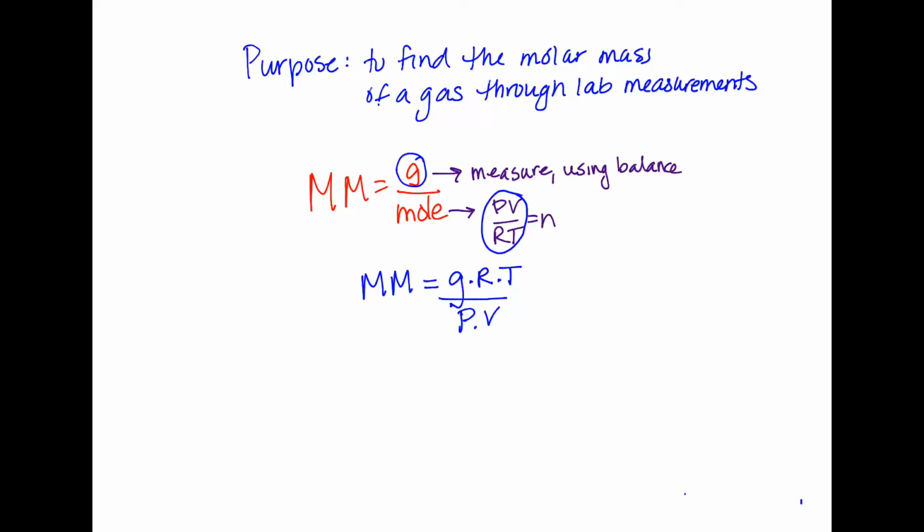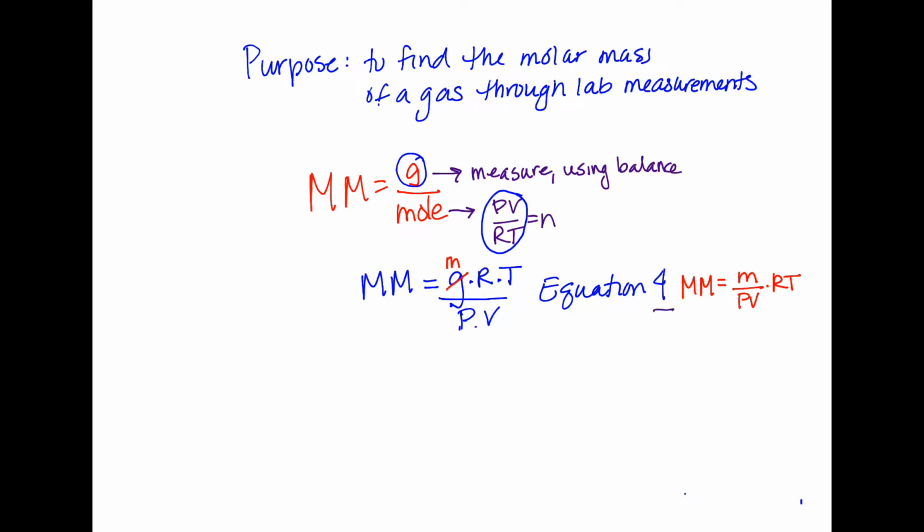Now, if you've read your pre-lab, you might recognize this as equation 4. It's written a little bit differently. Instead of grams, mass is written in here. And so equation 4 is actually written as the molar mass equals mass divided by pressure and volume times RT. But these two things are really the same.